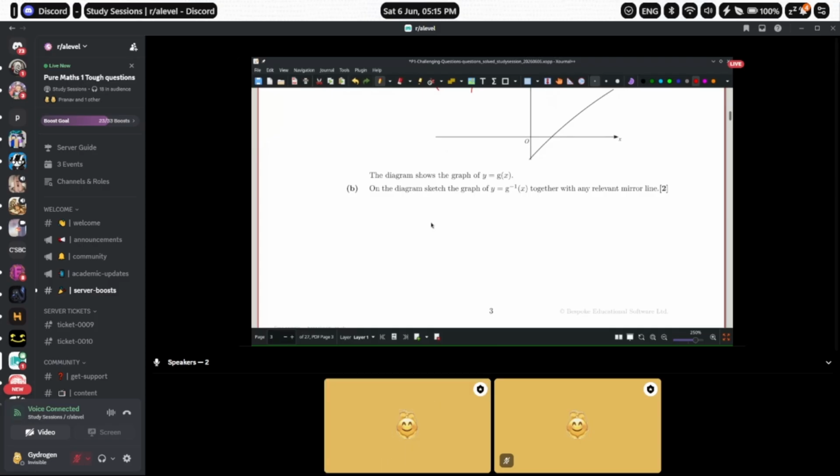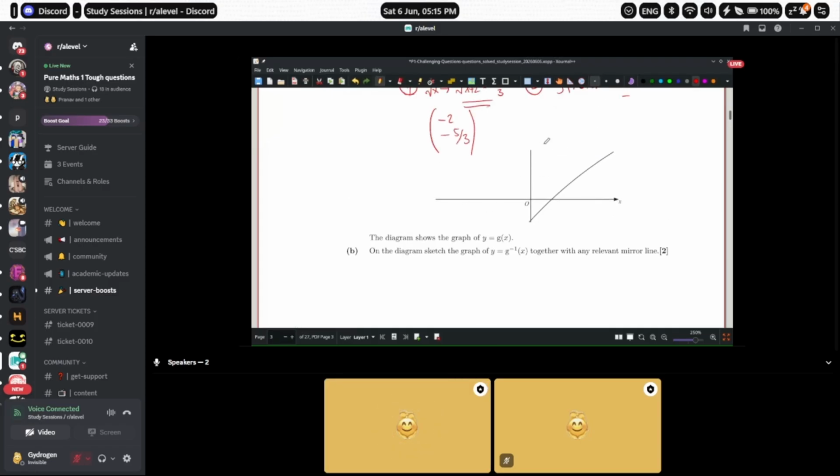Okay, next, y equals inverse. So for all of these inverse drawing questions, you have to start by drawing the mirror line, which is the line y equals x, and now you just have to reflect this function about this line.